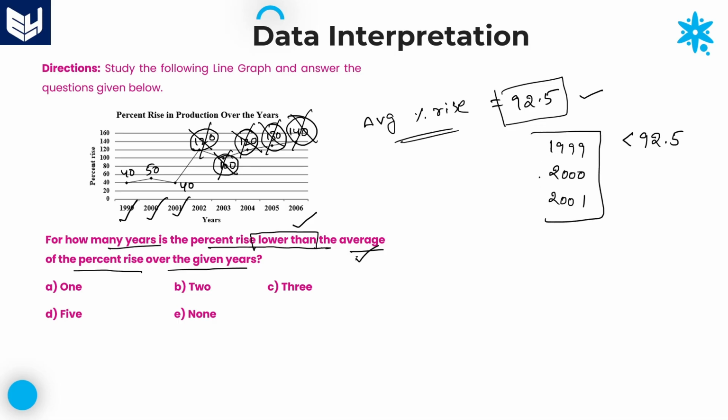Only 3 values in these 3 years, which are 99, 2000, 2001. In these 3 years, the percentage rise values are less than the average percentage rise. Therefore, our required answer is 3 years. Option C is the right answer for this question. Option C.